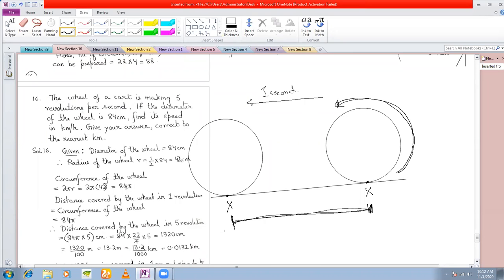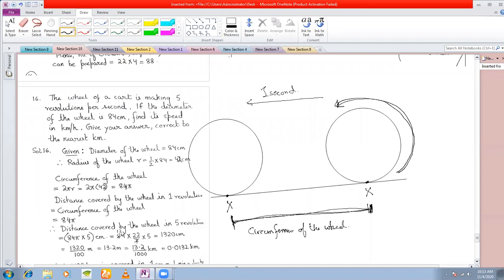If you think very carefully, this distance that I have covered is equal to the circumference of the wheel. Do you agree or not? So the distance is equal to the circumference of the wheel.